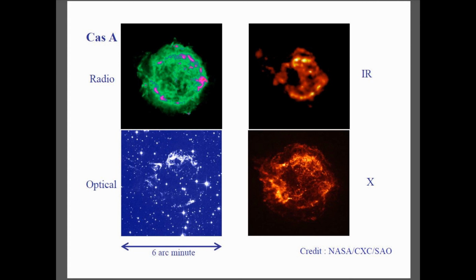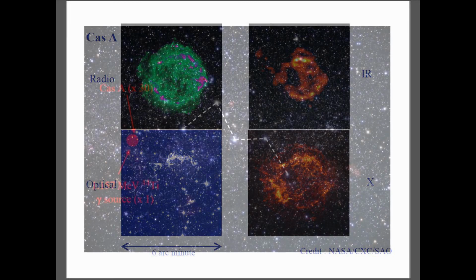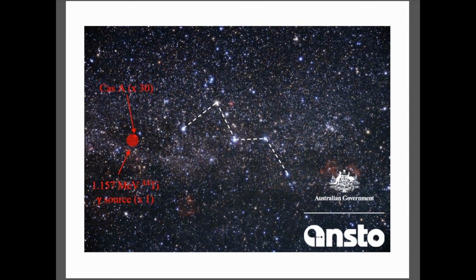It may have been spotted, it's not clear, in 1680, but that's a supernova which exploded in our galaxy, as opposed to 1987A and other supernovae in other galaxies which I showed. A lot is known about this remnant.